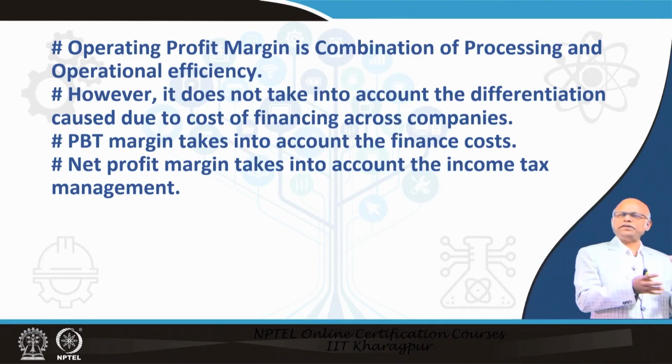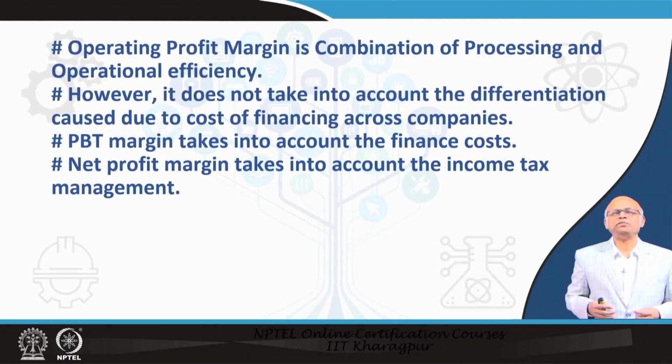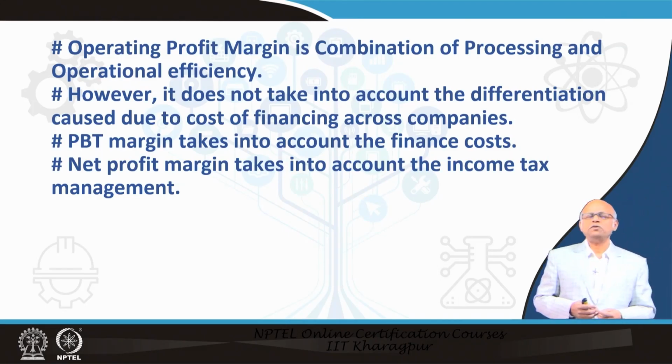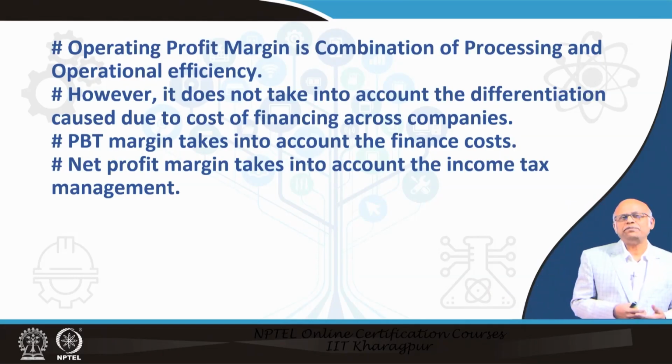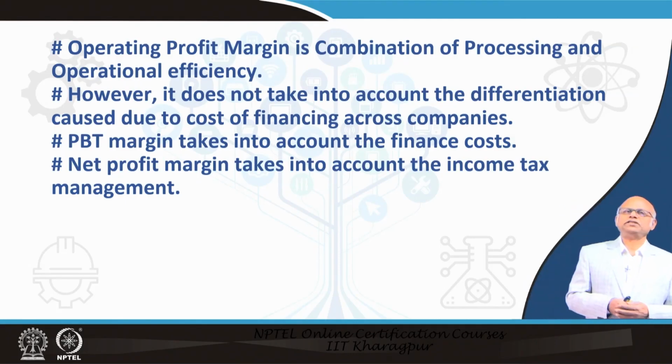So, gross profit efficiency is already subsumed in operating profit, but operating profit may not actually reflect the variation in gross profit margin, because operationally you may not be that efficient, not exactly at par with the gross profit or the processing efficiency.